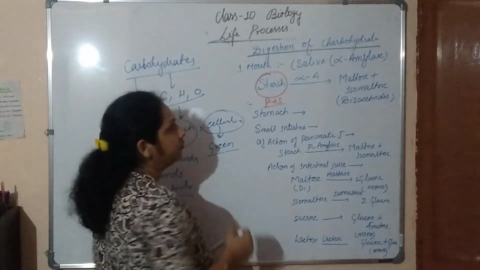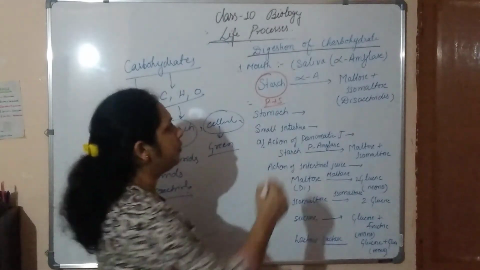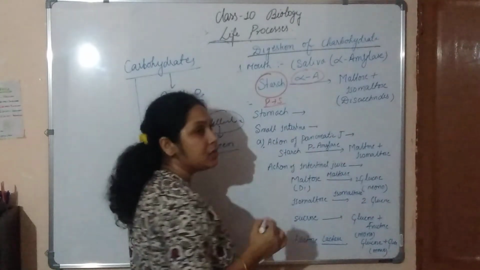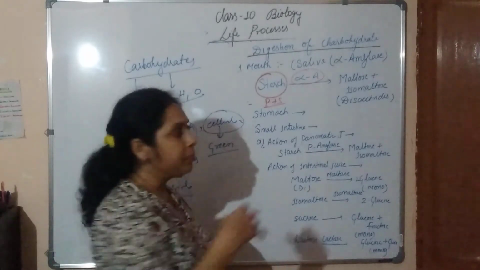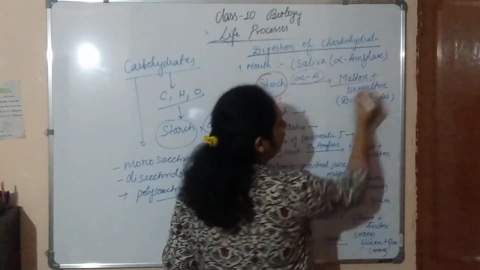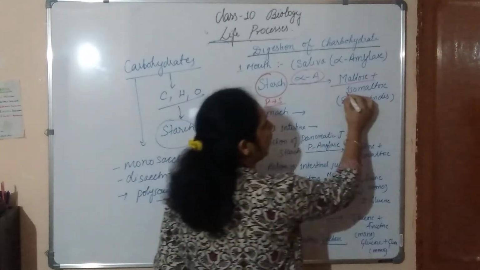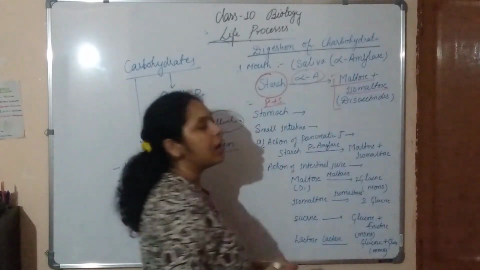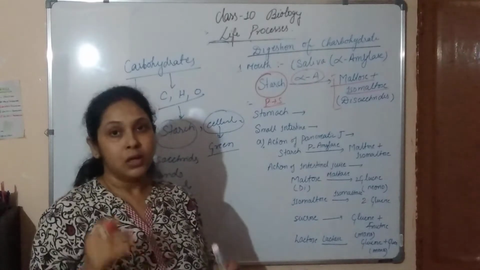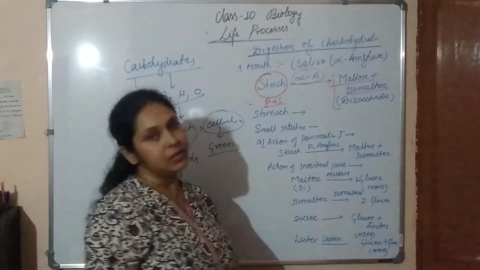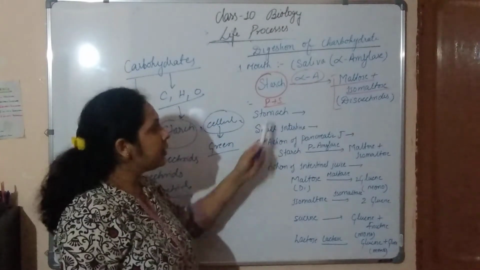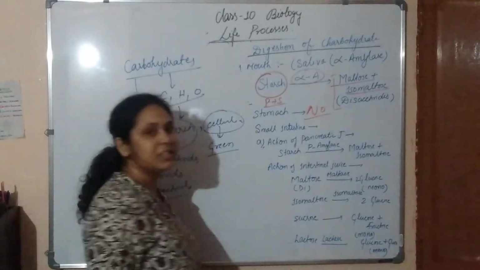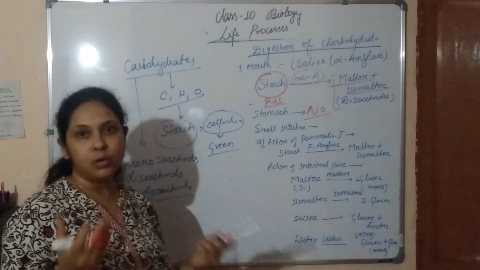So this starch, with the action of this alpha amylase present in our saliva, is converted into maltose and isomaltose. These maltose and isomaltose are disaccharides.